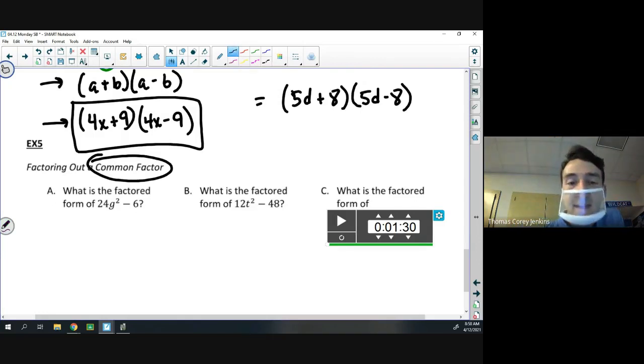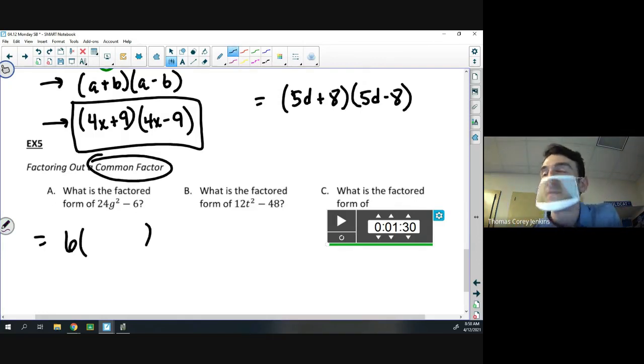So we're going to rewrite this as 6 times whatever's left after we divide both of them by 6. So 24g squared over 6 would be 4g squared. Negative 6 divided by 6 would be negative 1, so minus 1.